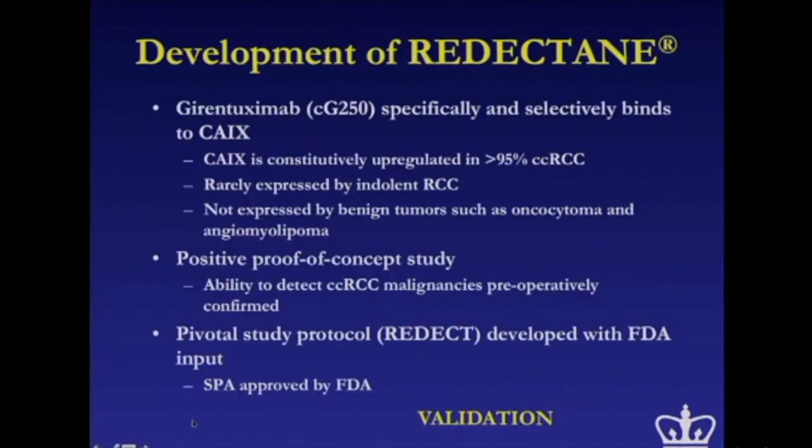The FDA liked the design, not after a lot of hand-wringing. The FDA liked the design and gave us what is called a special protocol assessment, which means that after this study, we could actually apply to get the product approved for general use and for reimbursement by insurance companies. So this would be the validation trial.